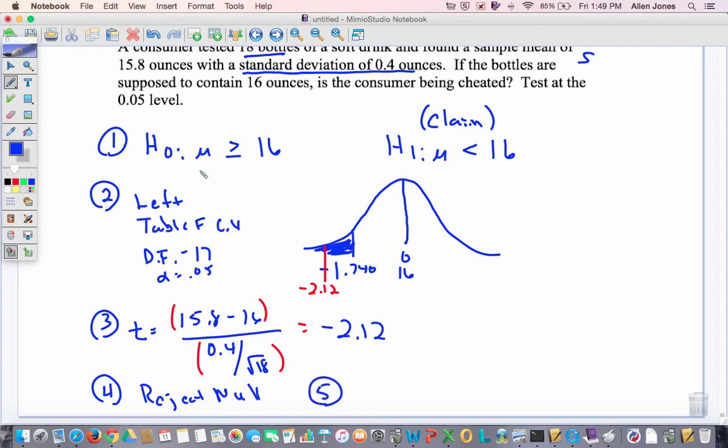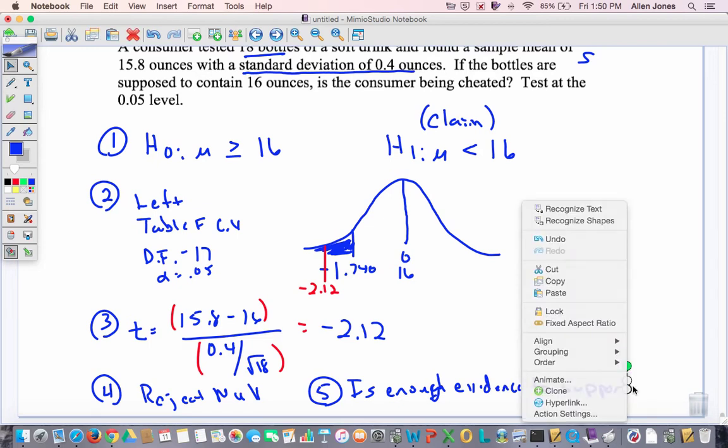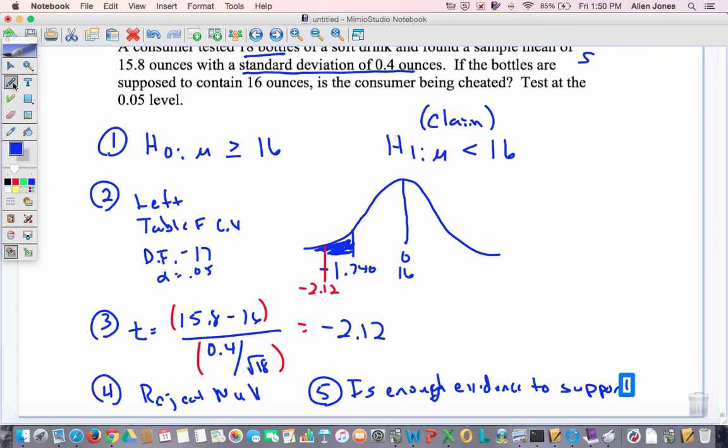And in step number 5, since we said the null was incorrect, that means the alternative is correct, so the claim is also correct. That means there is enough evidence to support our claim.